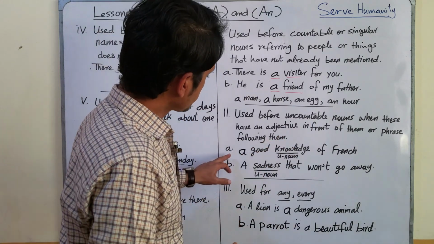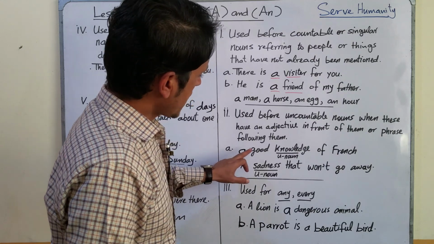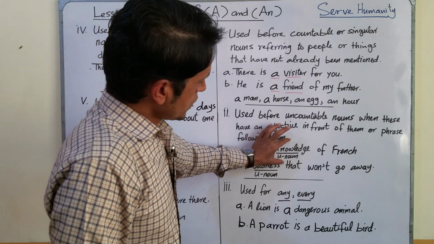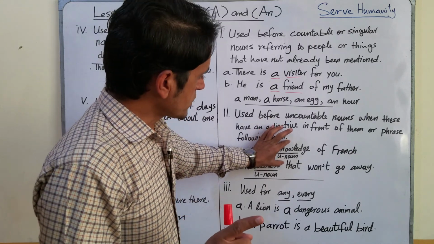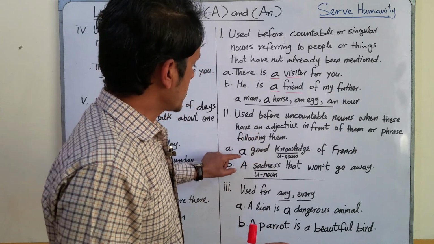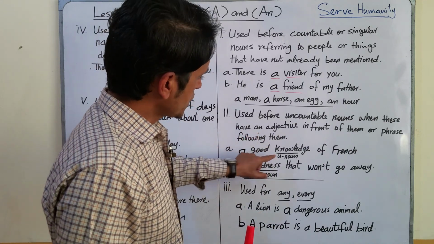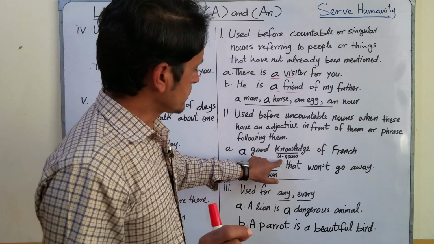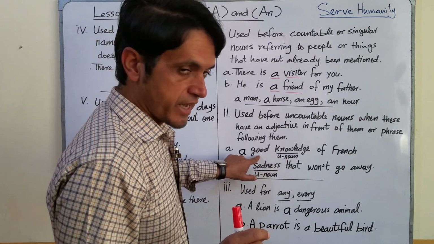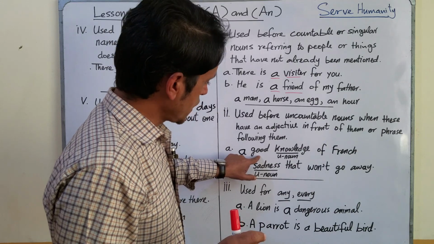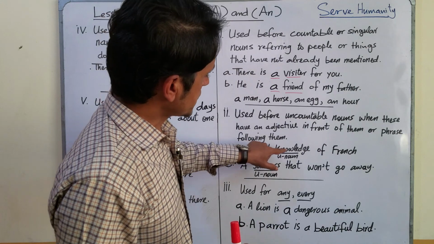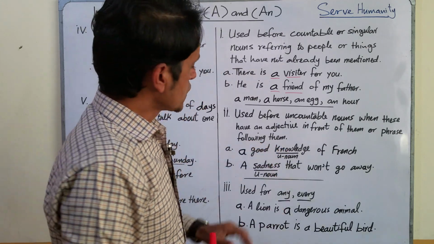So they are, example number one, a good knowledge of French. When we use an uncountable noun and in front of it we have an adjective, we can use indefinite article. You see, knowledge is an uncountable noun and in front of it is an adjective, good is an adjective, so we can use indefinite article a to refer to this uncountable noun. So this is one case.